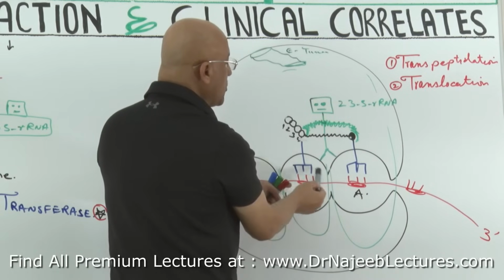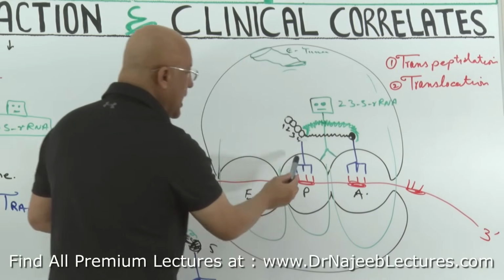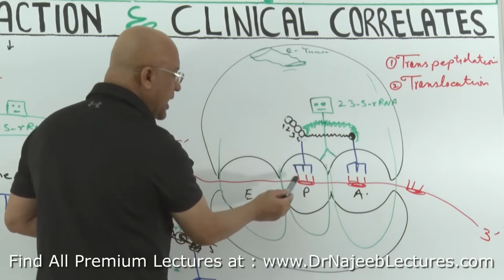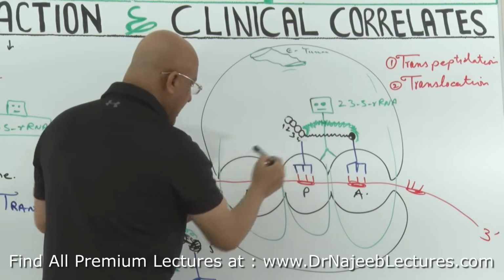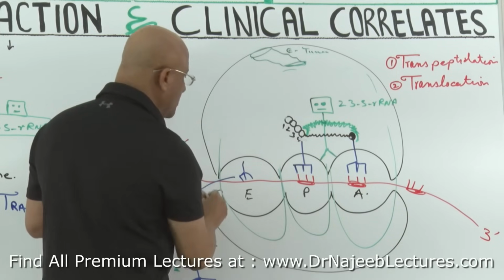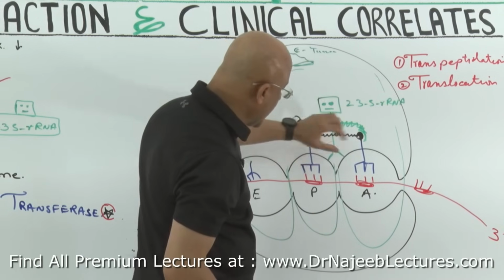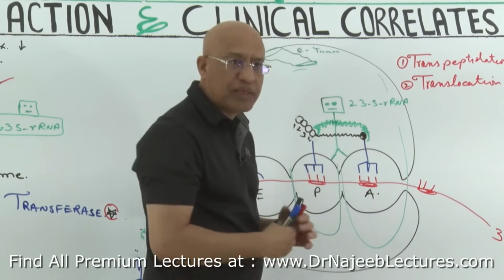And it will convert into peptidyl transfer RNA. And because the peptide chain has been transferred to that, this RNA will come to the exit site and eventually fall out, right? And because this has shifted over here, this area will become empty.